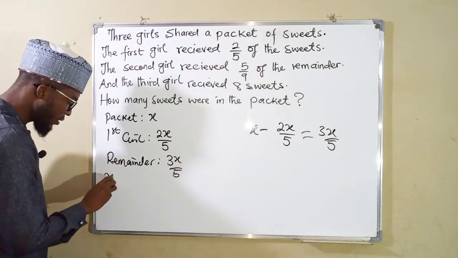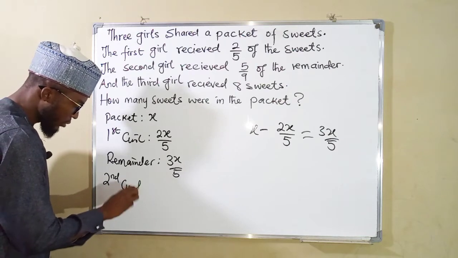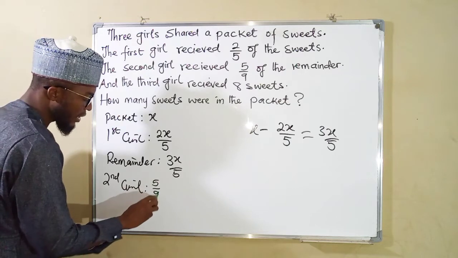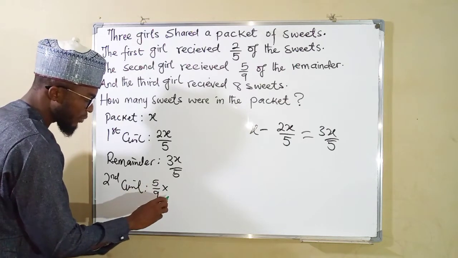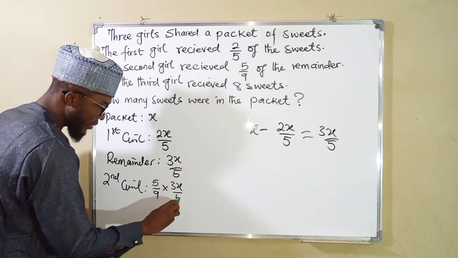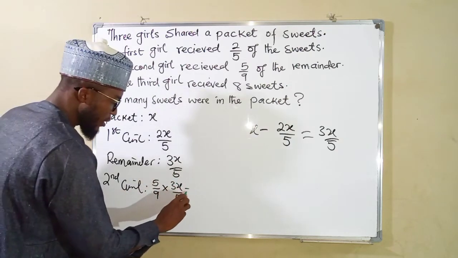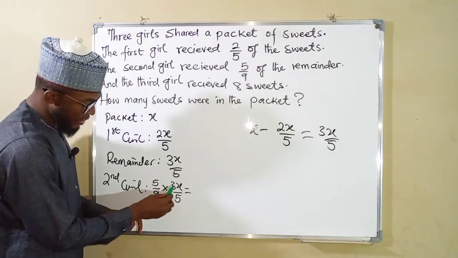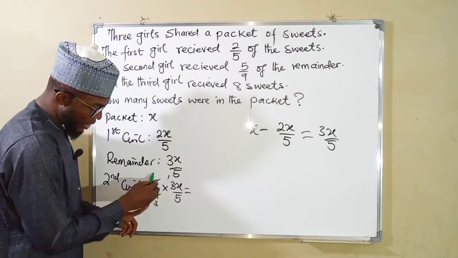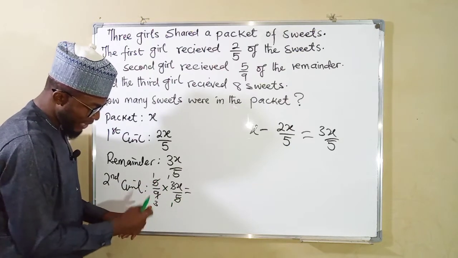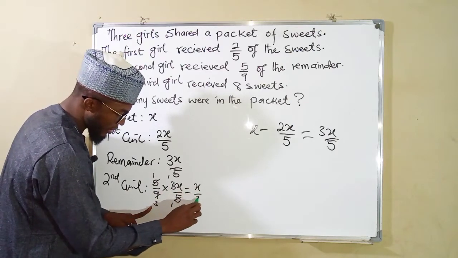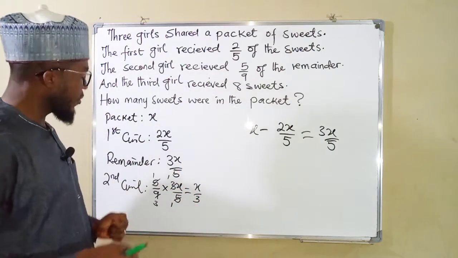So the second girl received 5/9 of, which is multiplication, the remainder, which is 3x/5. If you make some cancellations, you can see 3 can go here 1 time, 3 can go here 3 times, 5 here 1, 5 here 1. All we have left is x/3. Then we move on.